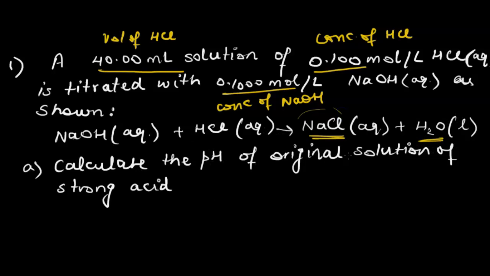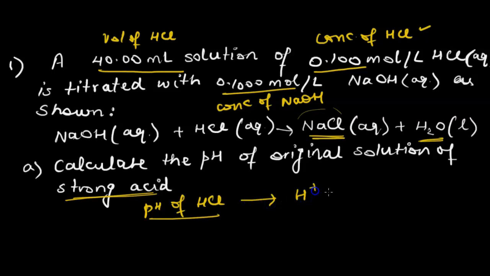We have to calculate the pH of the original solution of strong acid. So in the flask we have HCl, and we have to find the pH of HCl. We know HCl is a strong acid, so it is going to completely break down to give H positive and Cl negative.